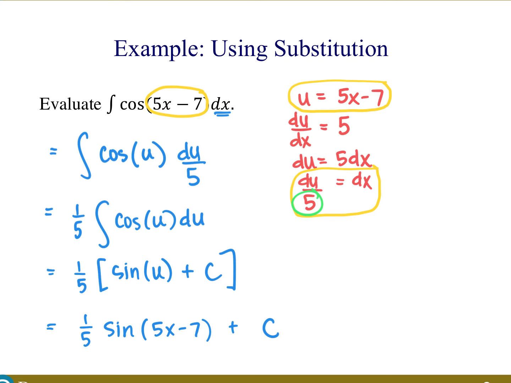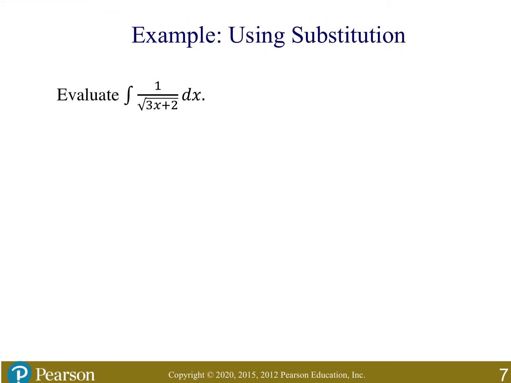That 5 is what's representative of the chain rule that you maybe forgot. But if you do u substitution, you'll never forget it because it's part of the process. Yeah, Esther? No? Okay. So I always encourage u substitution because it's safer than having to remember the anti-chain rule, which is very forgettable. So let's try again.